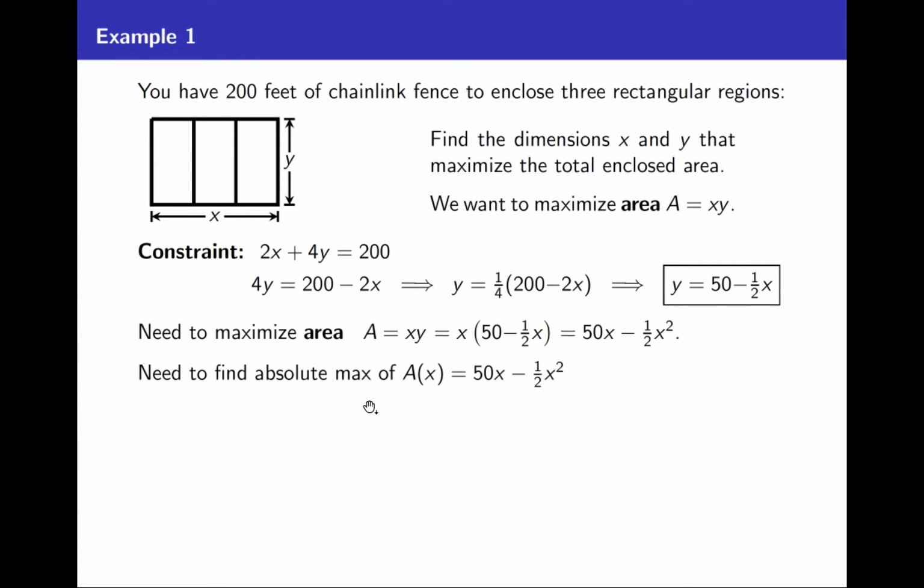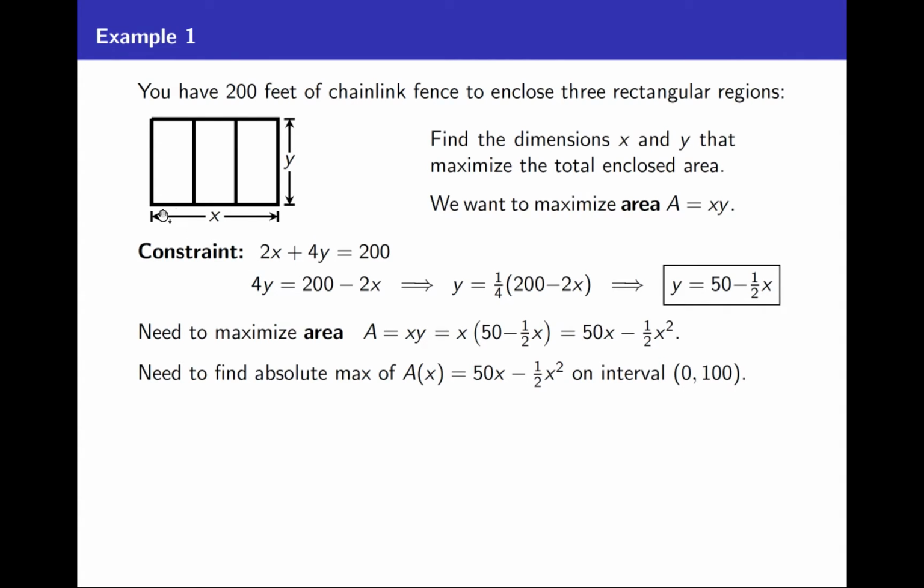So we can rephrase this question in terms of the language we've been using for Chapter 4. We need to find the absolute maximum of this function A(x), which is area, which equals 50x minus a half x squared. We'll call that function that gives area A(x). So we want to maximize A(x) equals 50x minus a half x squared. What interval are we talking about?